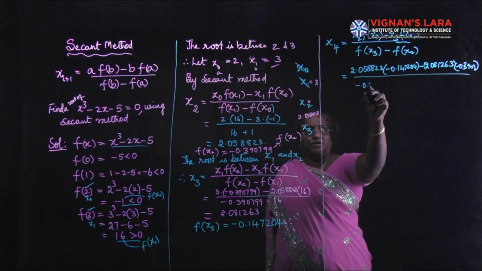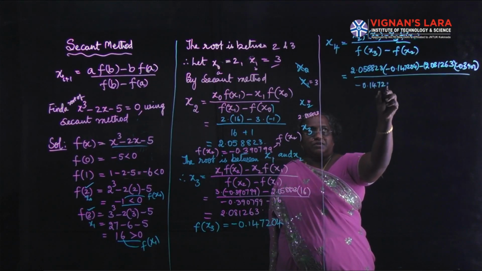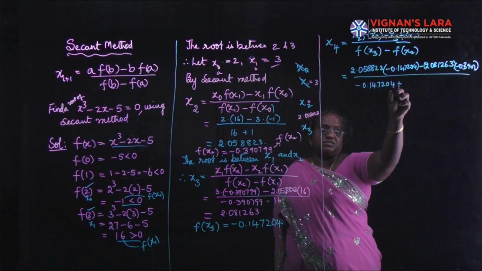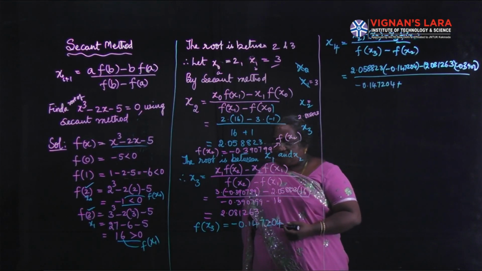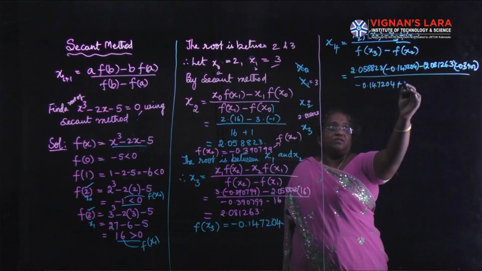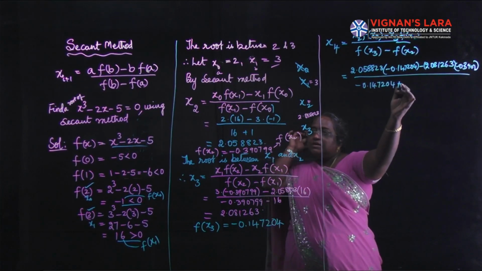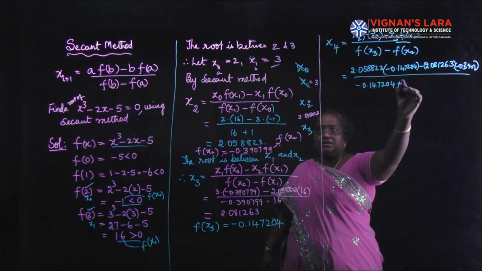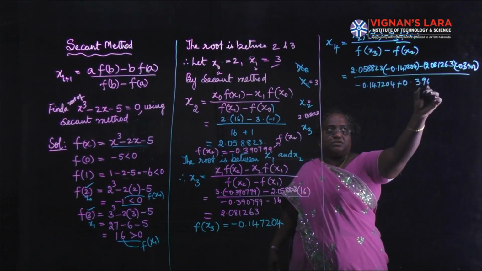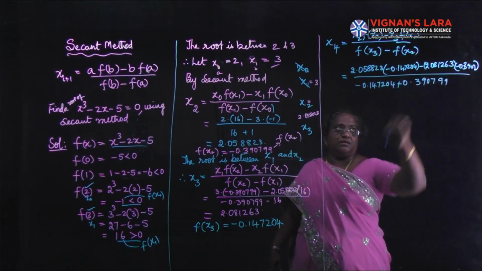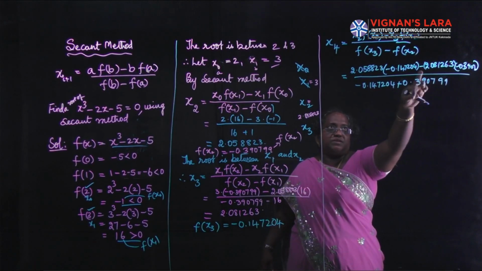Minus 0.147204, minus into minus plus, the f of x3 value, f of x2. x2 value is minus 0.390799. So minus into minus becomes plus.